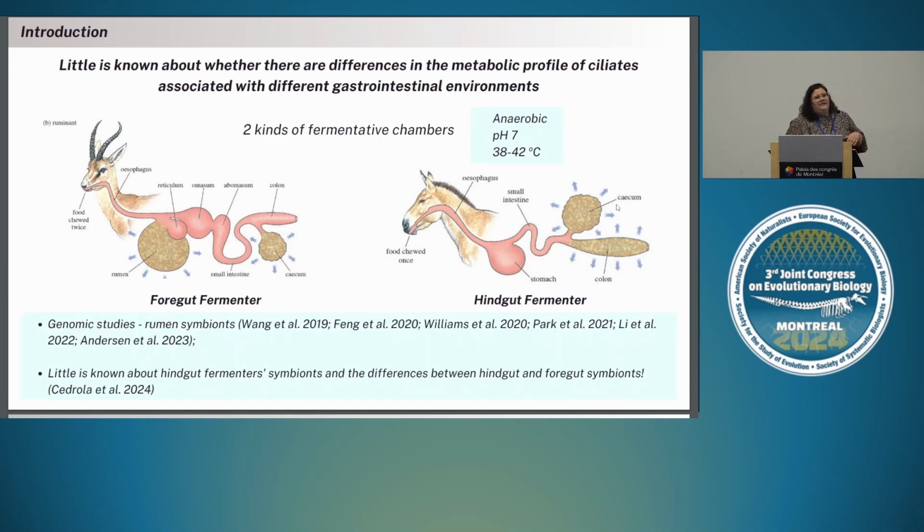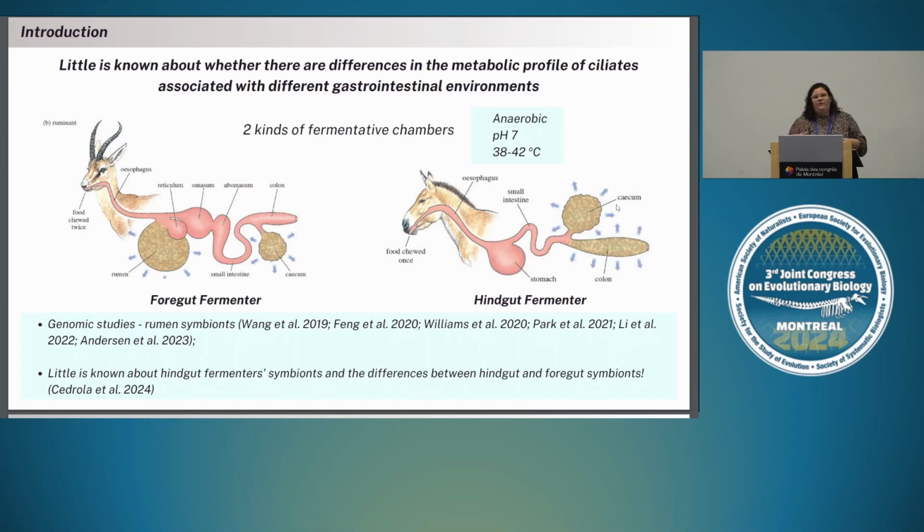Most of the studies about the microbiome associated with the gastrointestinal tract of herbivorous mammals are focused on the prokaryotes, and the eukaryotes are still poorly understood.